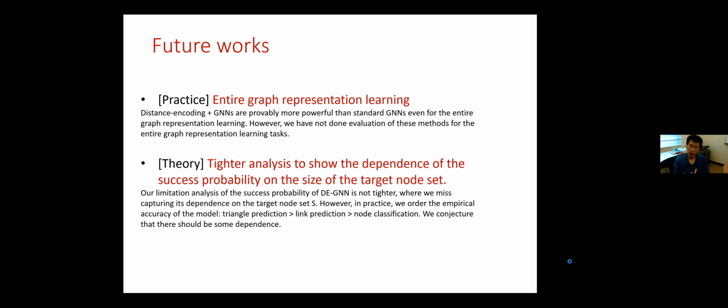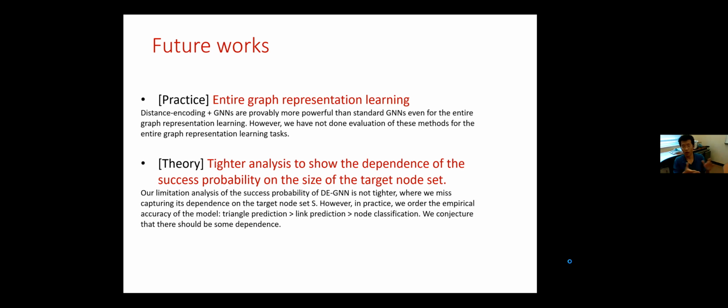From a theoretical point of view, we also hope to see a tighter analysis of the success probability of this distance encoding technique to distinguish structures in a regular graph. Currently the success probability, if you still remember, is something like 1 minus 1 over n.